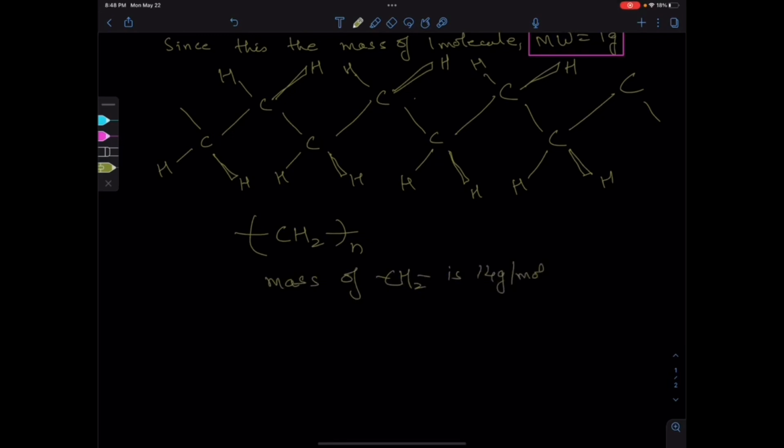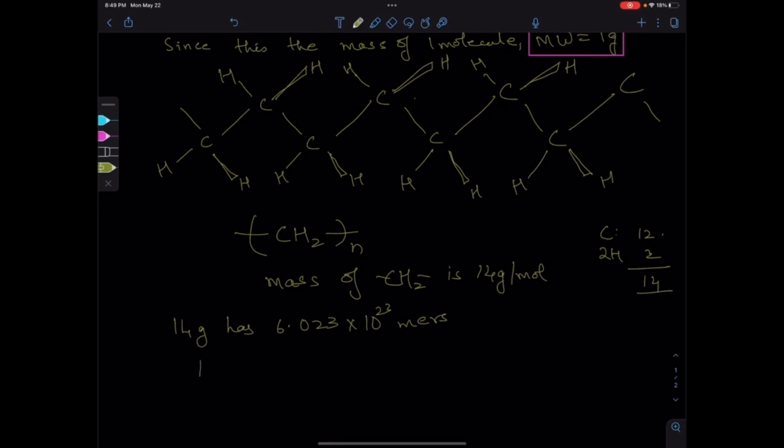The mer weight is 14 grams per mole because carbon is 12 and 2 hydrogens is 2. So 14 grams has 6.023 times 10 to the 23 mers because it's 14 grams per mole.